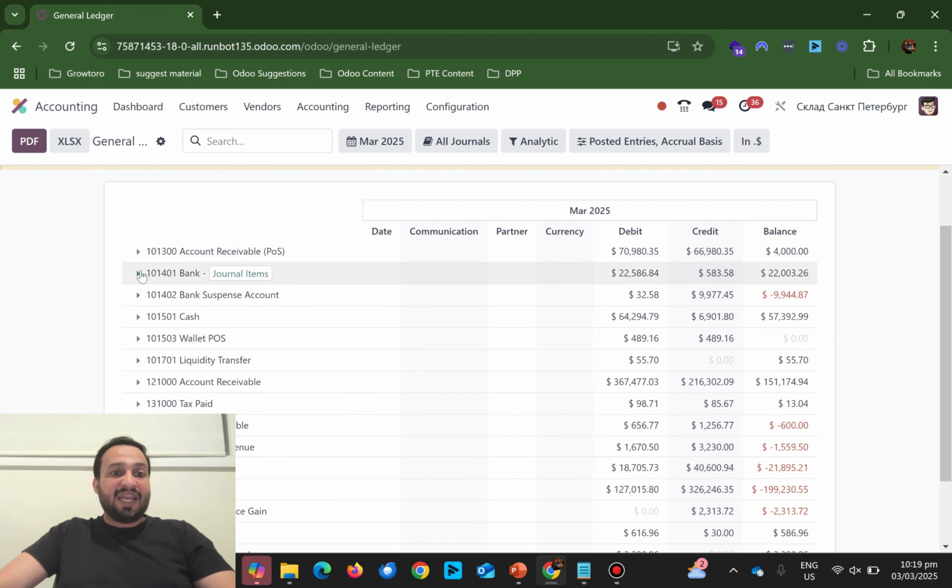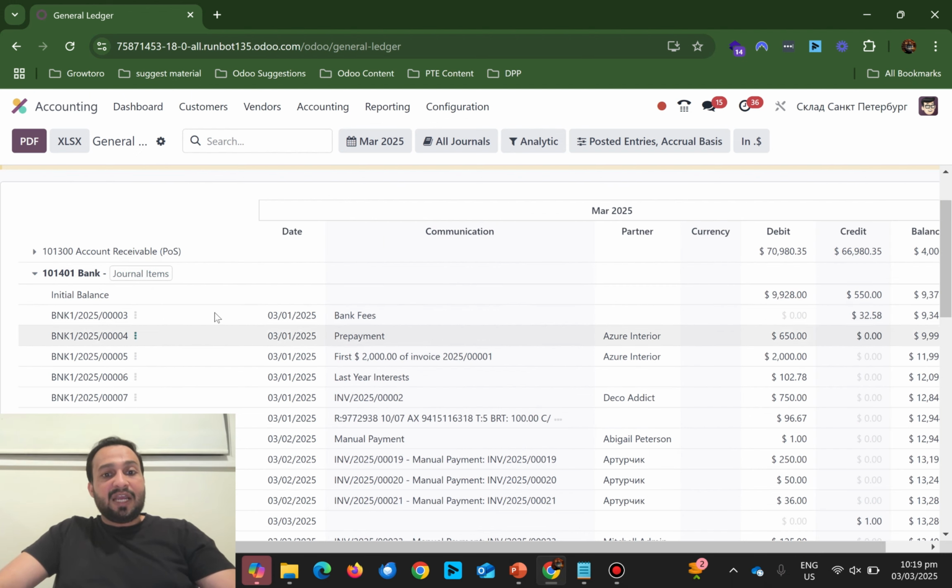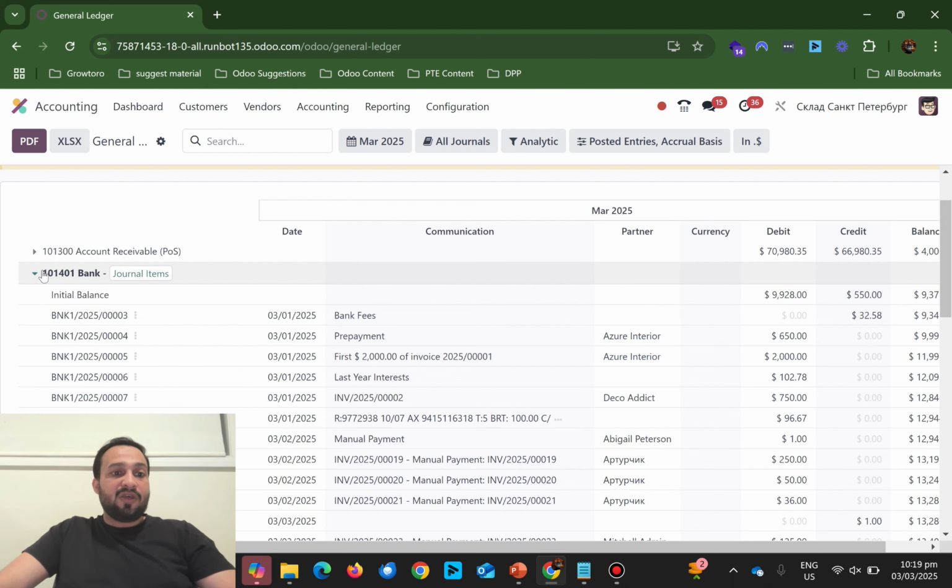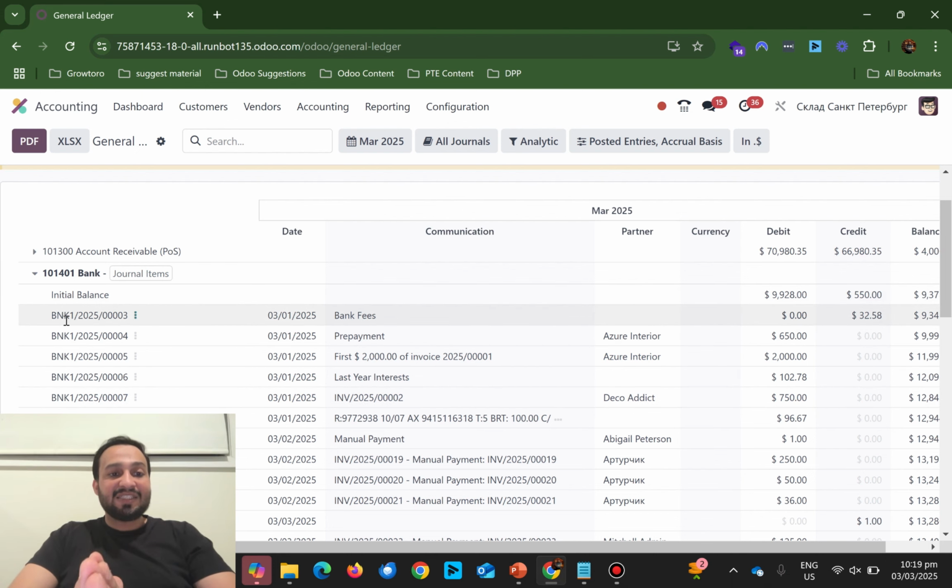When I click on this bank chart of accounts as a folder, it will show all the transactions which we posted into that chart of accounts. So this is basically the ledger. The ledger is a detailed report of your transactions in each chart of accounts, in each folder.